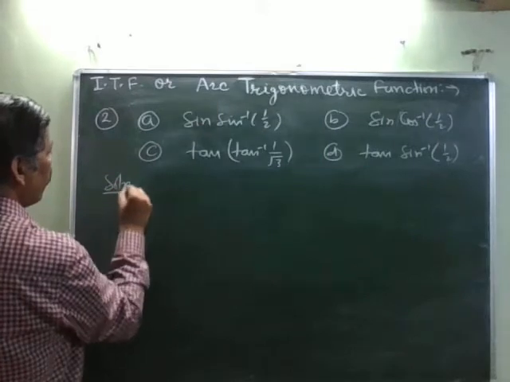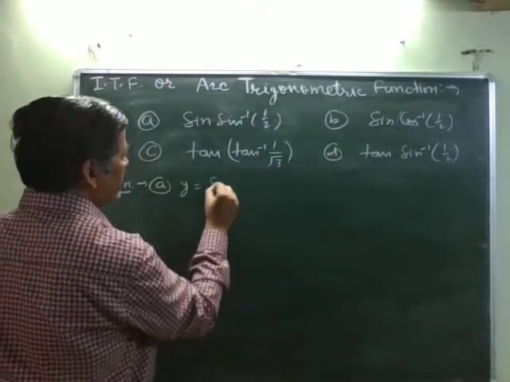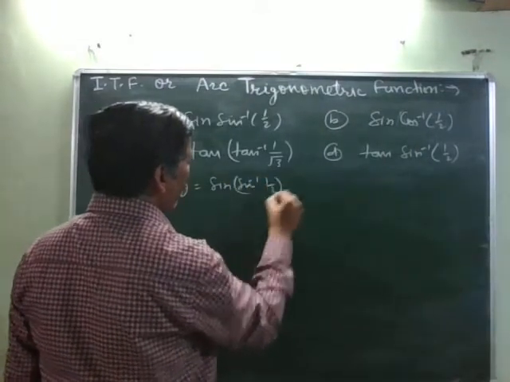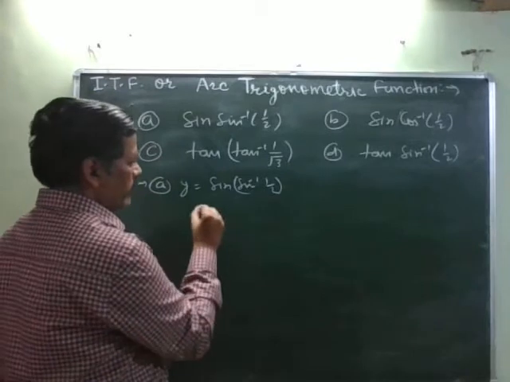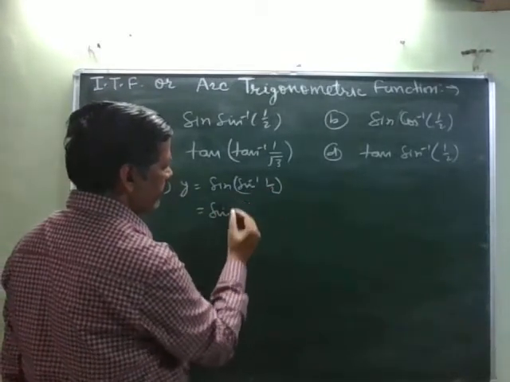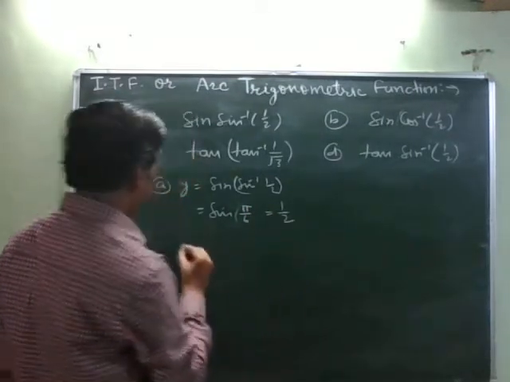Solution. Part A, y is equal to sine inverse 1 by 2 is equal to sine, this angle can be written as pi by 6 is equal to 1 by 2.